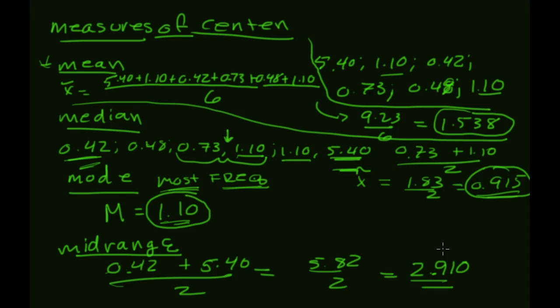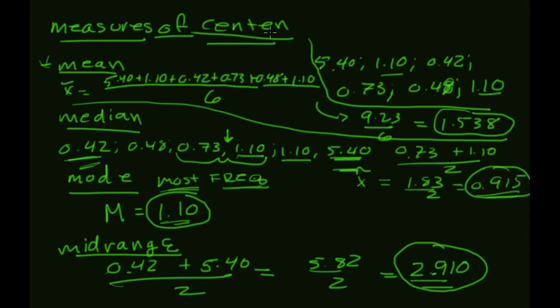And the mid-range is 2.910. So all 4 of these values are different, and they're different ways of finding the center of this set of data. Different ones are used for different purposes. We'll get into a little bit more of that as the class goes on, but we just want to identify these 4 ways of finding the center.